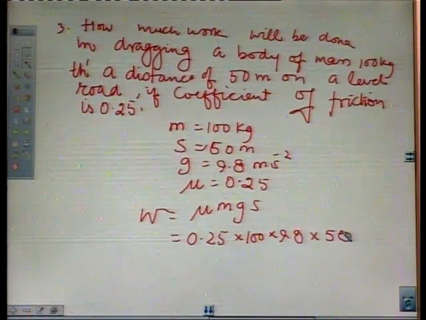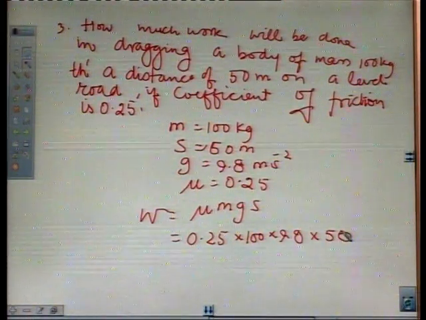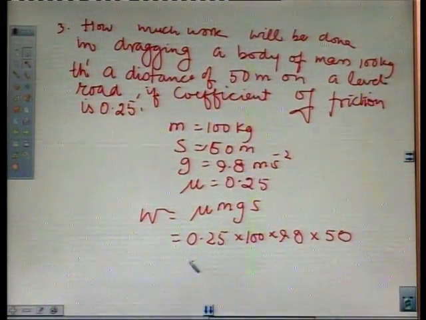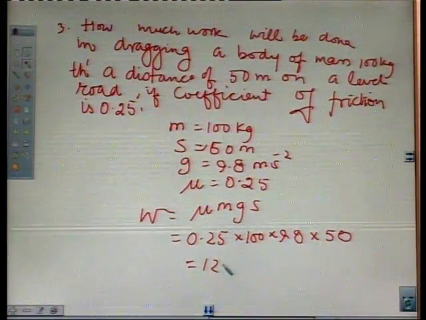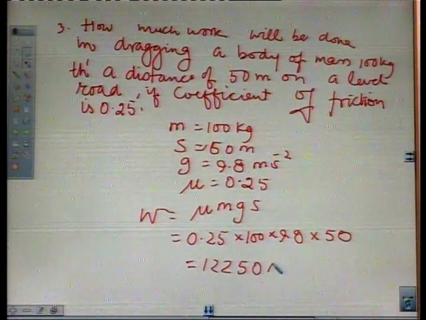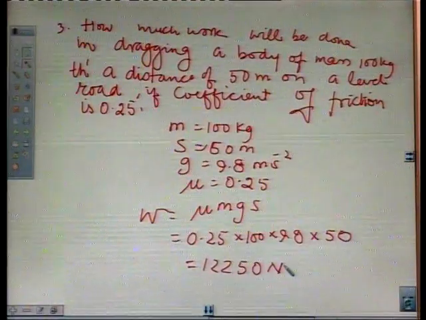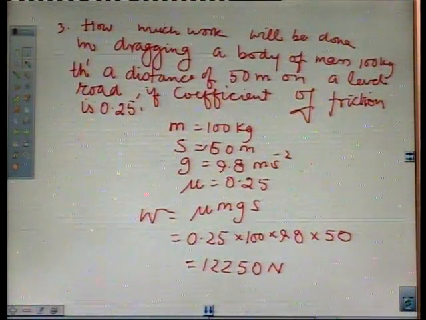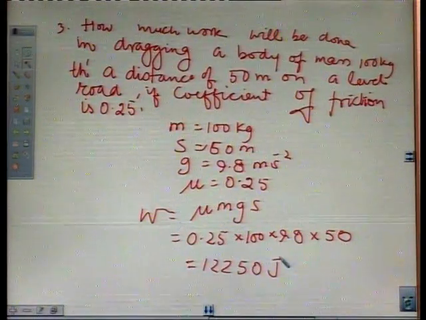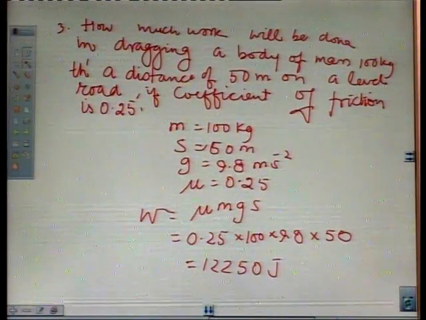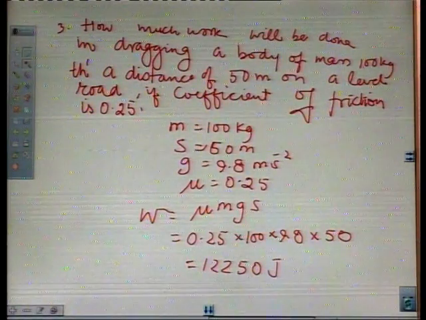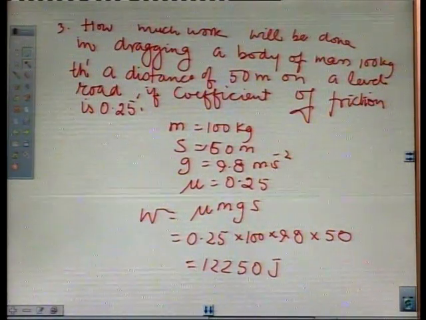So, 0.25 into 980 into 50, and if you calculate this will come out to be 12,250 joules. So, these are the simple numericals on work, power, energy.